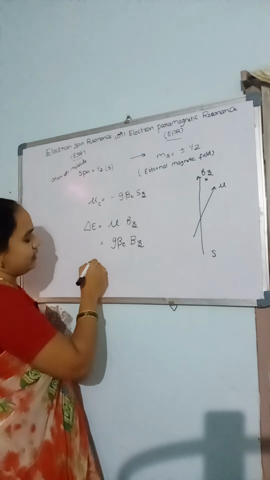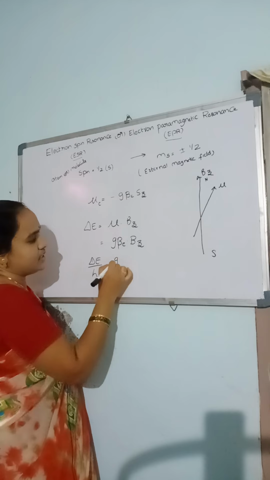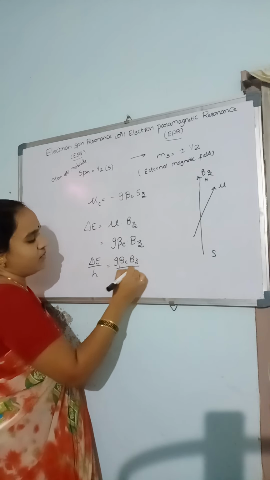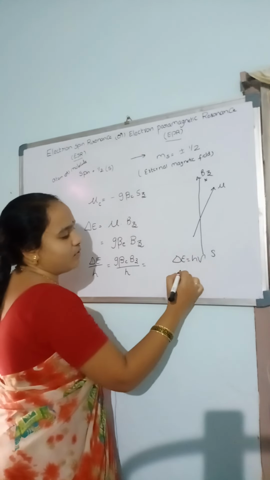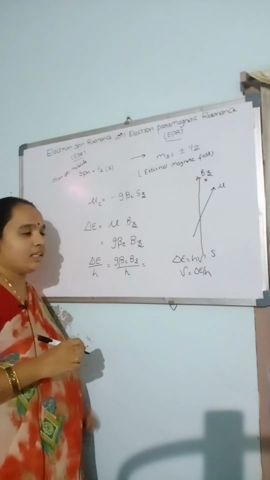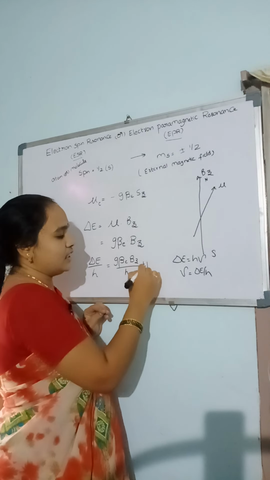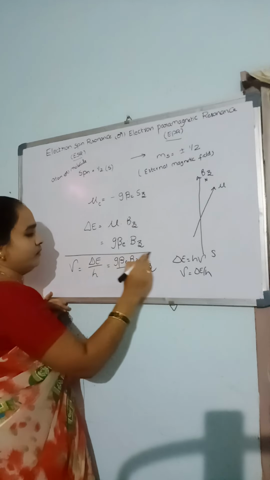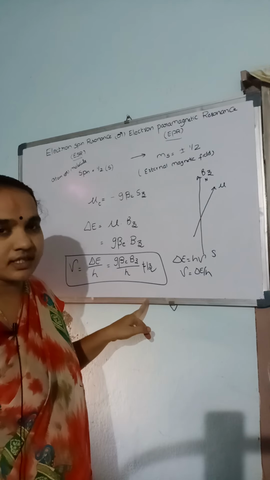If you divide this equation by h, that is g beta e Bz by h, then what will we get? We know that delta E is equal to h nu. So what is nu? Delta E by h. So we can calculate the radiation emitted by these spinning particles, which is nu. This is the main important formula in any resonance technique.